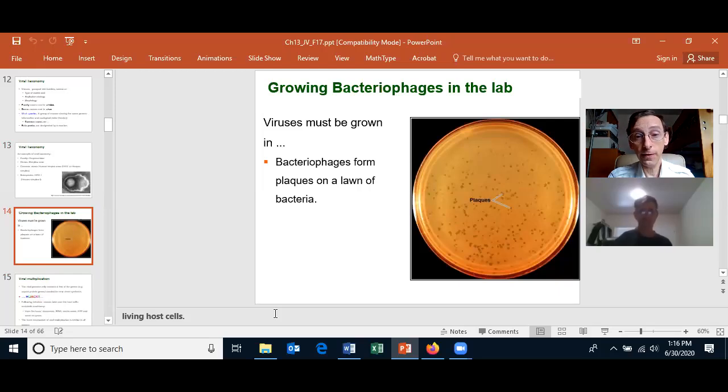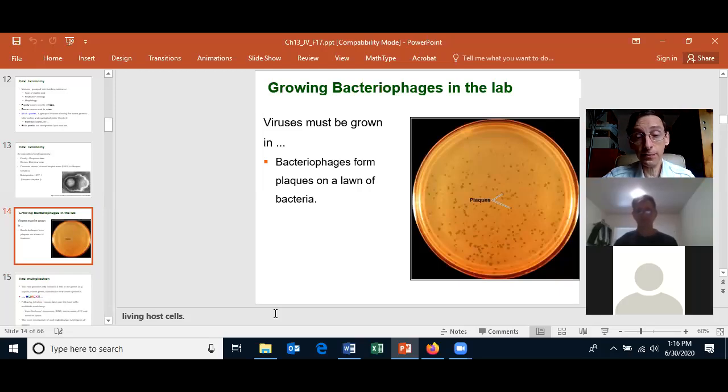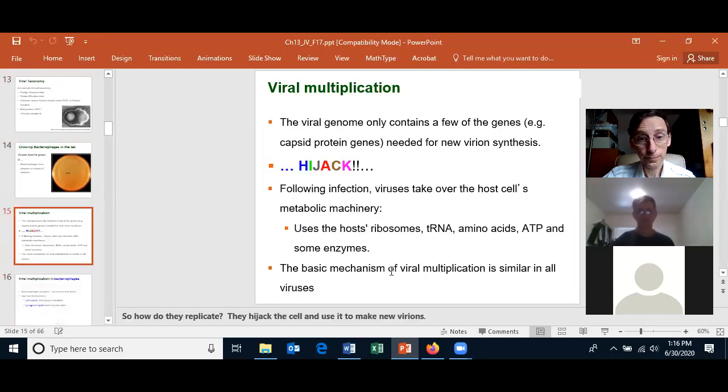We can grow viruses in the lab, and these plaques are showing you viruses that are growing. They're bacteria viruses on a lawn of bacteria growing on this plate. And wherever there's a plaque, there was one virus that went on to lyse other bacteria on the plate. Viruses, of course, hijack a host cell and use it to replicate.